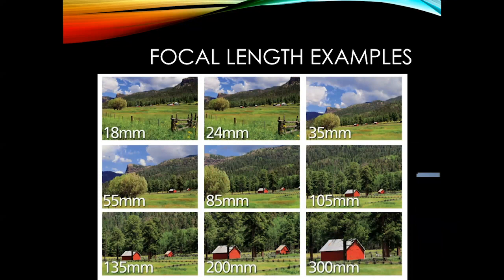You can't really see in this picture, but typically an 18 millimeter would actually have more of a fish eye lens. 35 millimeters is pretty typical. 55, you can see it's zoomed in, 85, etc. If you look at 300 millimeters, that little red barn is huge in the last picture, compared to the first one, so it's actually a very telescopic lens. That's something they would use at a sports game or something, using a very, very fast shutter speed. We'll get into that later.